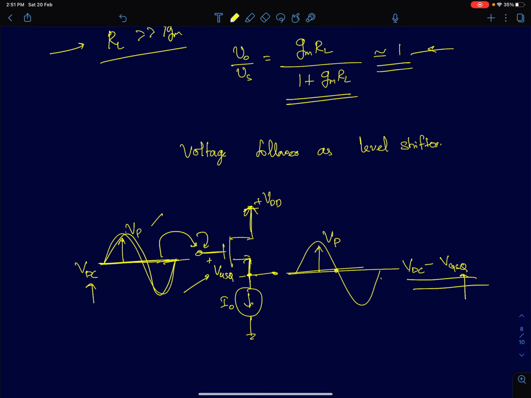So the input peak will be the same because the gain is very close to 1, but the DC value will be level shifted by VGSQ. So the input DC and output DC will be different. Here we see that the level is shifted down. So the DC level is reduced here.